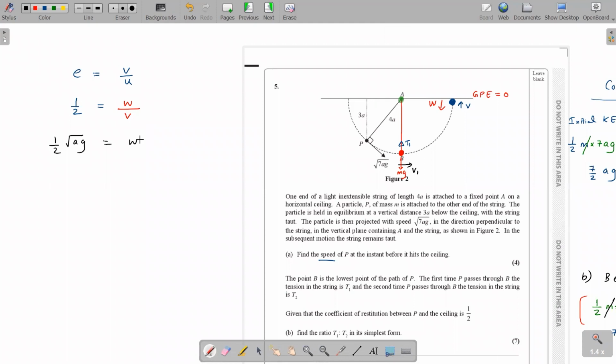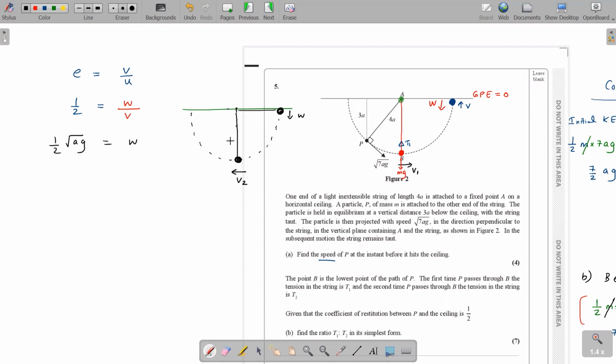So now what do we do? With this particular speed, you have to again find the velocity that you reach at point B. Because you need to realize that now the object is coming back with the speed W, and when it comes to the point B, definitely the velocity is different, because now your starting velocity is different for this part.